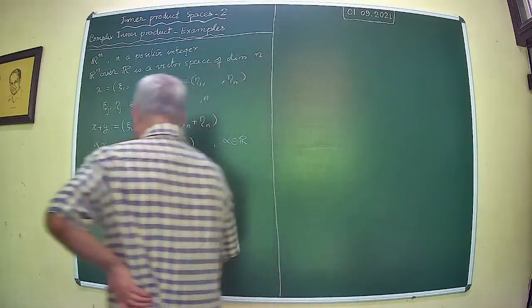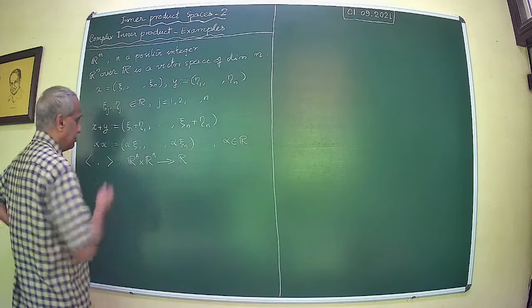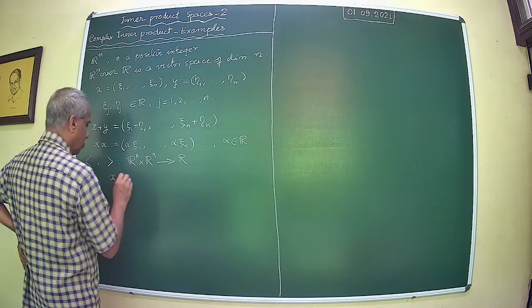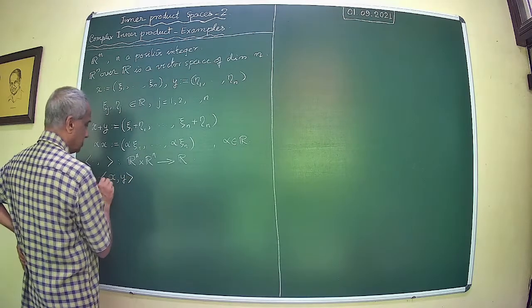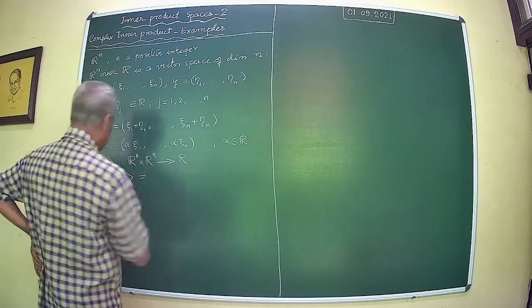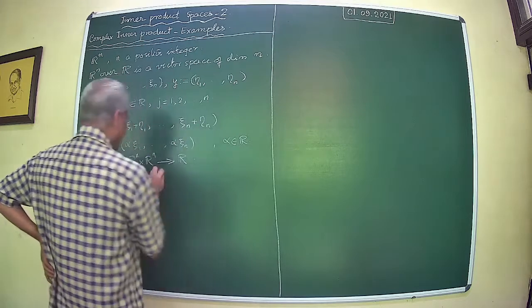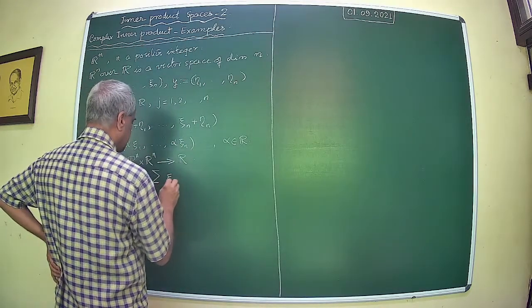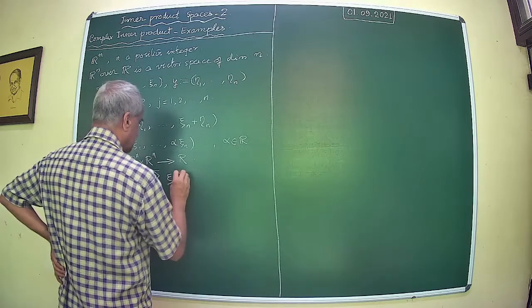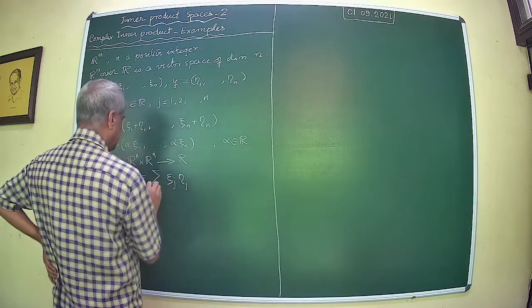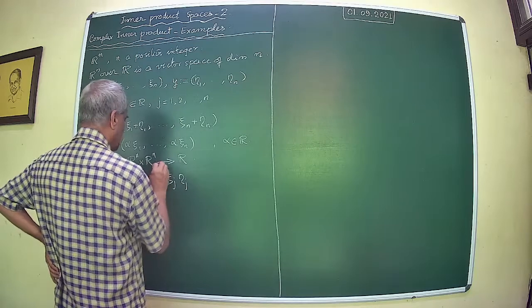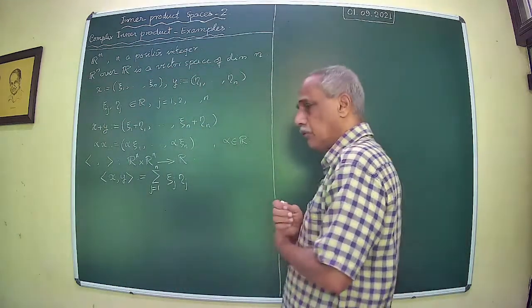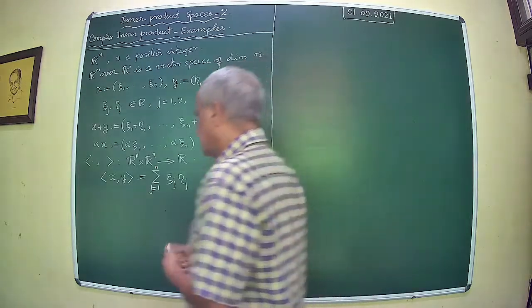So the natural inner product that you take here is this x, y, you define it as, this is the inner product, it is defined as sigma eta j. Then you can show that the following properties hold.